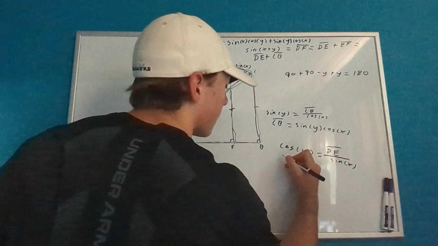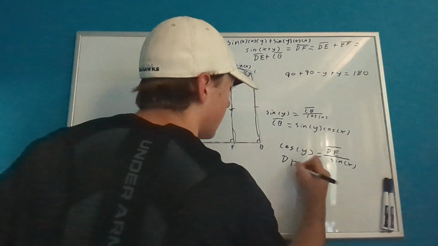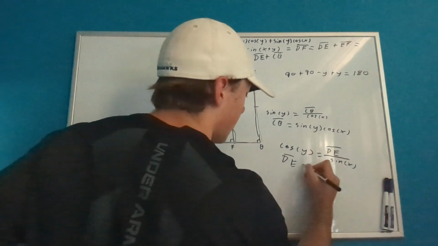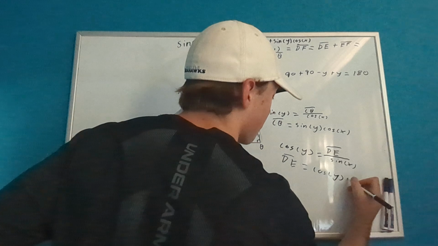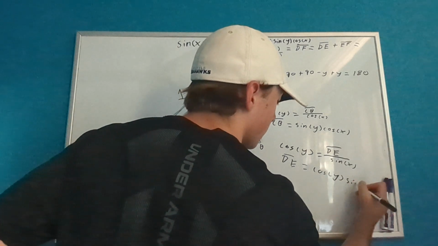So we can say line segment DE equals cosine of y times sine of x.